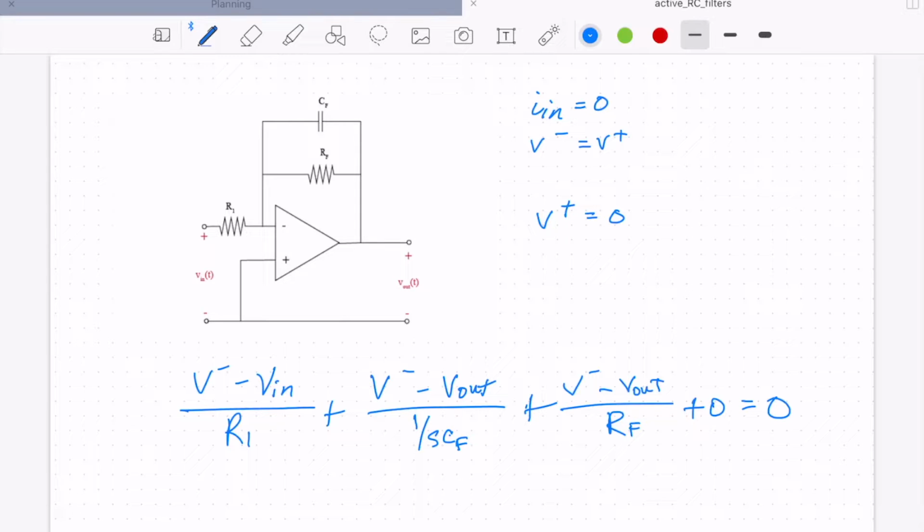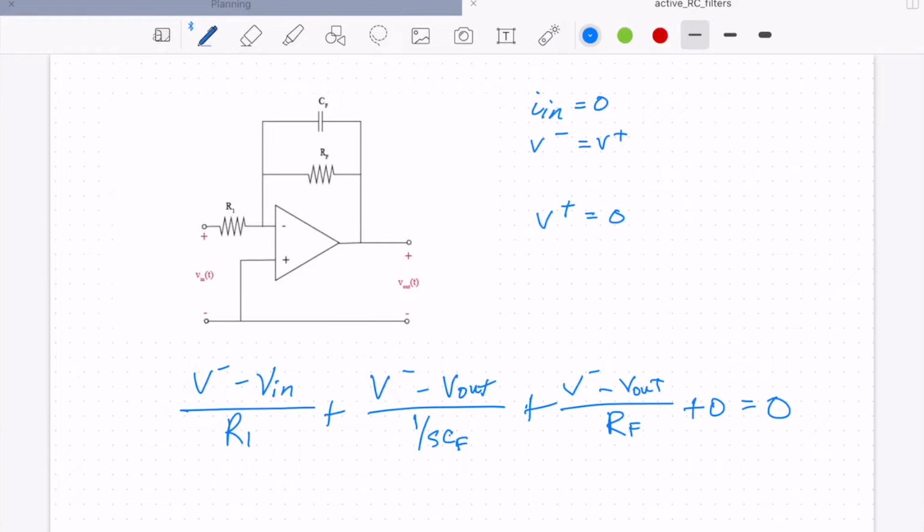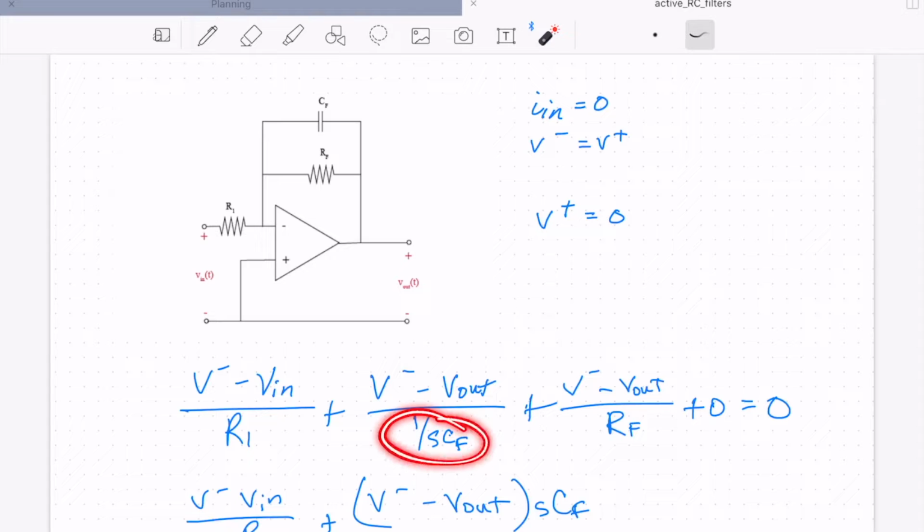Okay, so that gives us an equation that's a little bit messy, but not too bad. We can rewrite that as V minus Vn over R1 plus V minus V out times SCF, since the first thing I want to do is get that fraction out of the denominator.